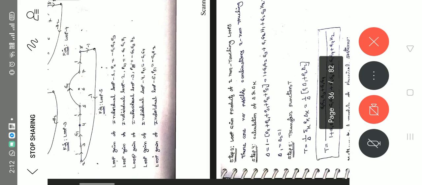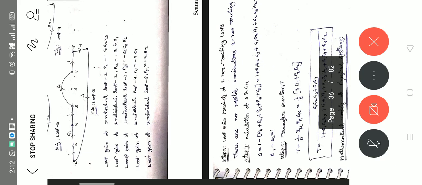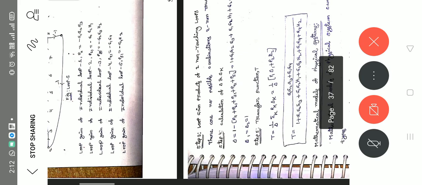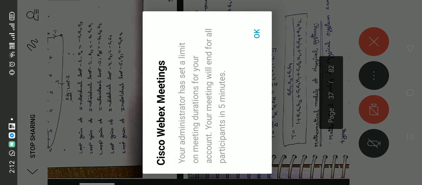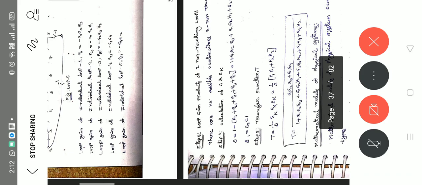Anyone having any doubts in this signal flow graph? The signal flow graph is not in your syllabus, but sometimes he asks the signal flow graph also. That's why I am telling this topic.